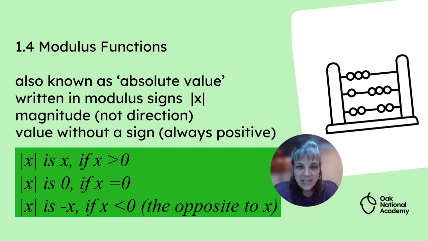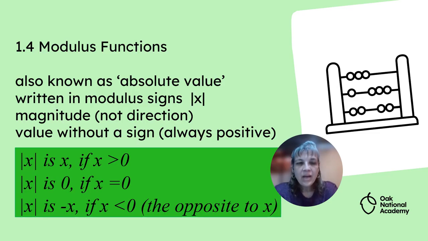Whatever's inside of them, we only care about the size of it, not the direction it's going. So it ends up being a value that comes out without any sign. It'll always be positive. The negative would drop. If x is greater than 0, then what's inside the modulus will just be the answer.